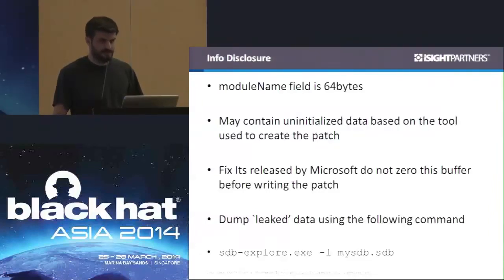I added an option to my tool, this -L, and it will go through and grab all that uninitialized data out of each patch action and save it to a file for you. I've done that for the 4 fix-its that I've mentioned at the beginning. I didn't find anything useful, but maybe someone can get something useful out of it. I don't know. It's either stack or heap data in whatever tool that Microsoft uses to create these things. So it's kind of neat, but the fixed patches that are created using my tool, I make sure to zero this out.